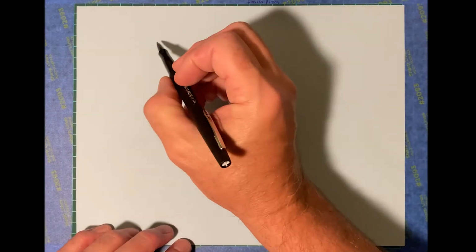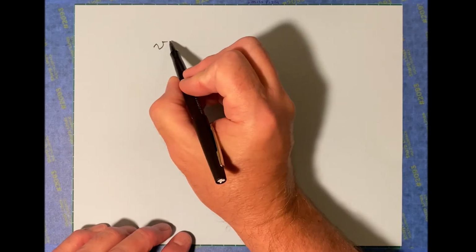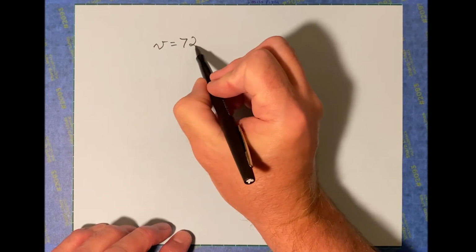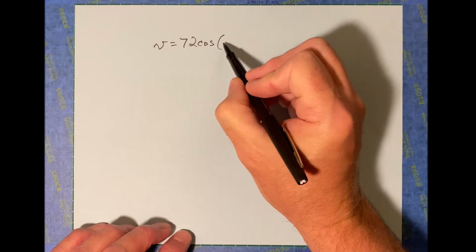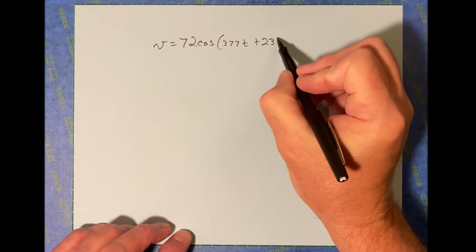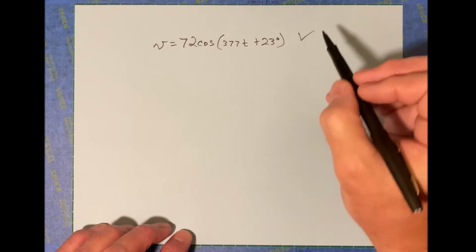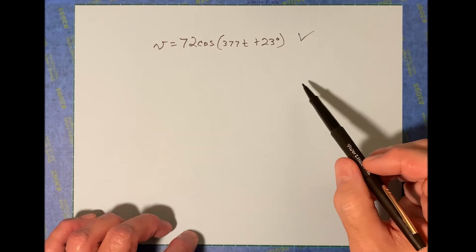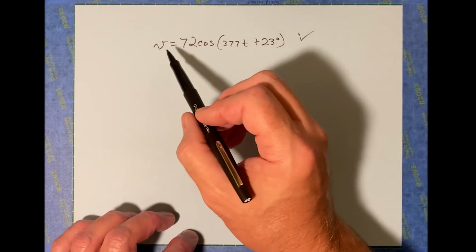Let me do that one more time. Maybe it was so easy that you missed it there. So let's say that we've got a real function v equals 72 cosine of 377t plus 23 degrees volts. Okay. I want to find the phasor of that.